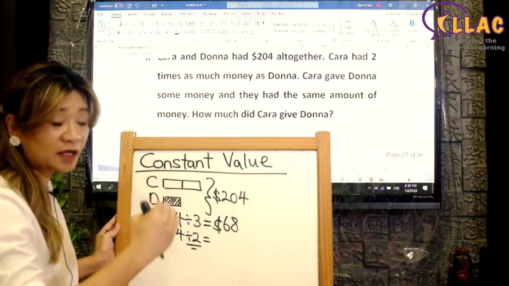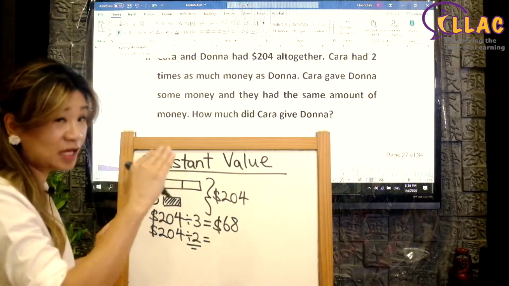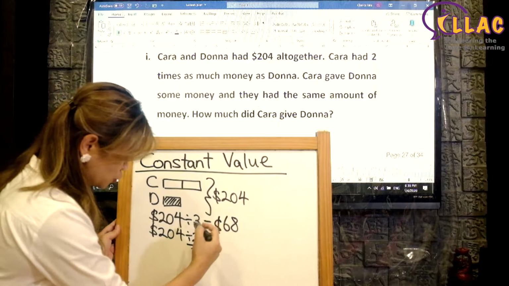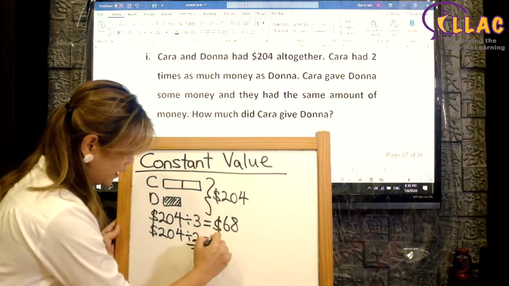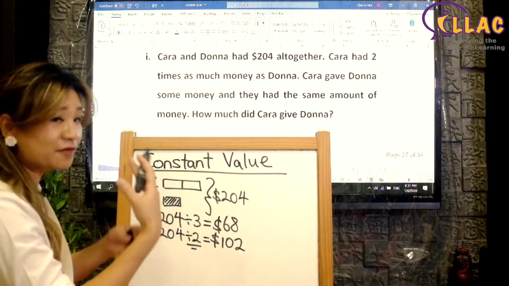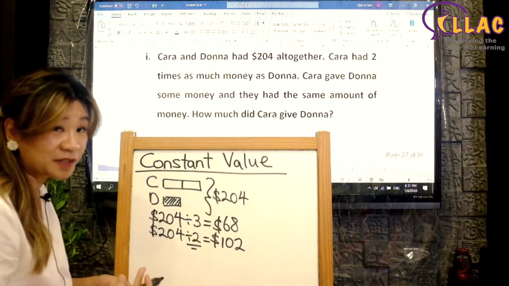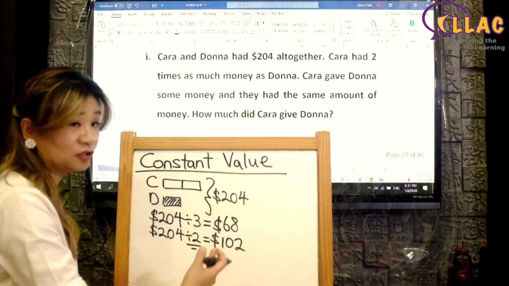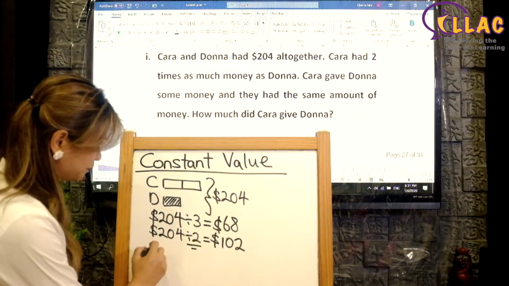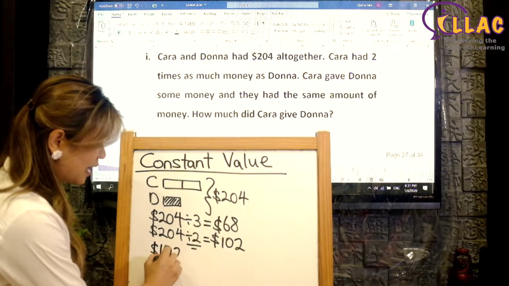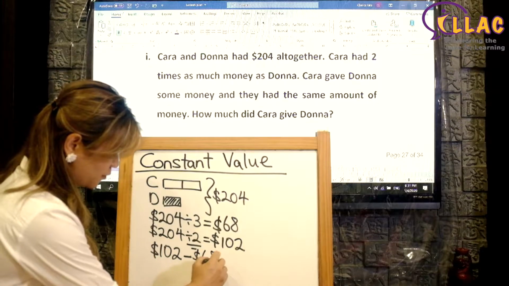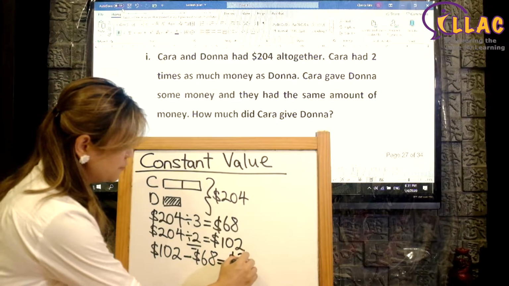If you want to find out how much each has, 204 divided by 2 gives you 102. So Donna, after receiving some money from Kara, has 102. How much did Donna receive from Kara? You take the after, 102, minus the 68, and you get the answer $34.